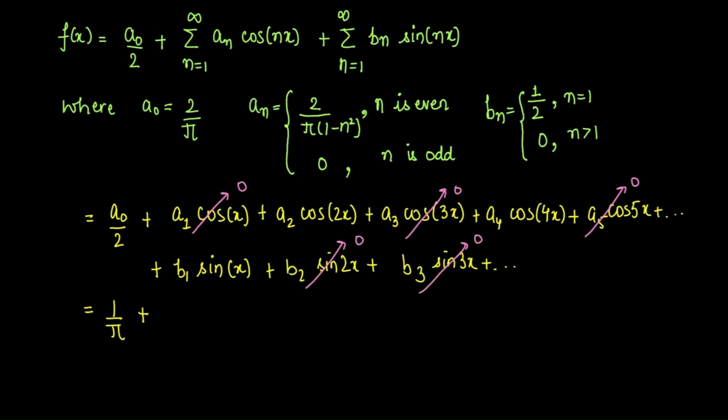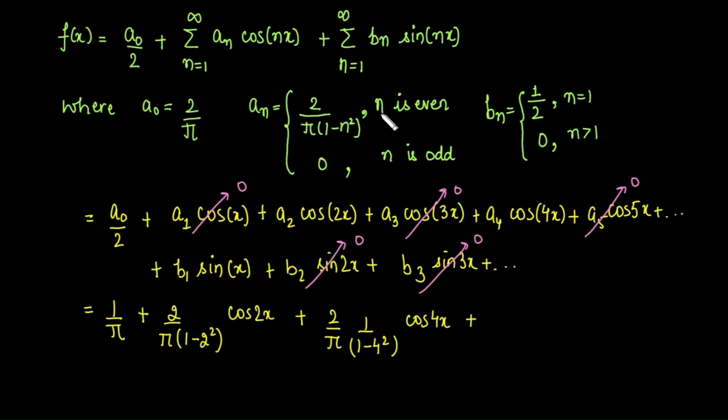So finally, we have a2 equal to 2 by pi times 1 upon (1 minus 2 square), substitute n equal to 2 in this case, cos of 2x, plus a4 is 2 by pi times 1 upon (1 minus 4 square) cos of 4x.